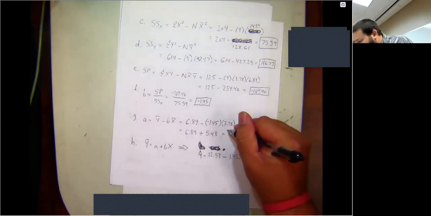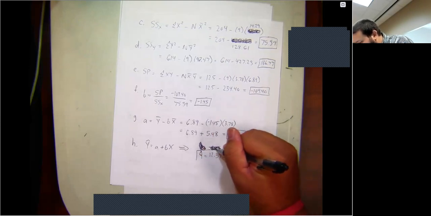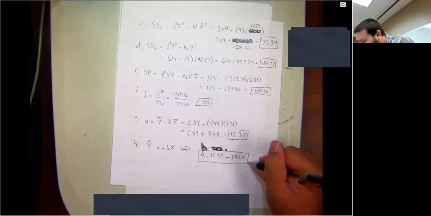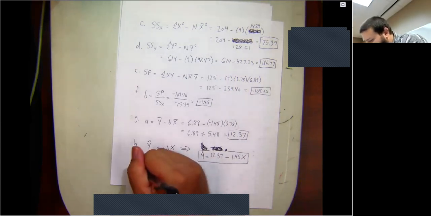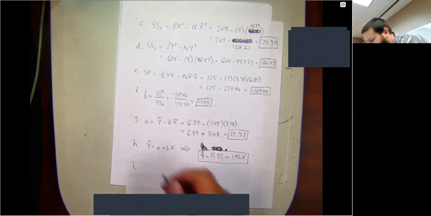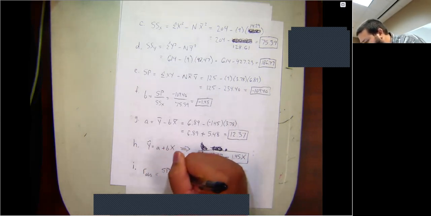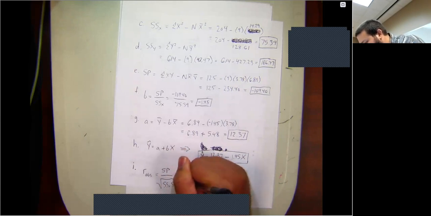So I've been trying to keep track of these for you. The answer I'm looking for there is the stated regression equation here, with the numbers in. Then I calculate the correlation coefficient, and r observed, which we've been calling it, is equal to SP over the square root of SSX times SSY.